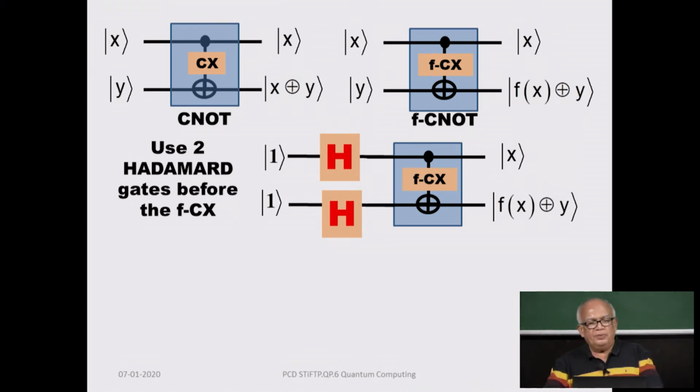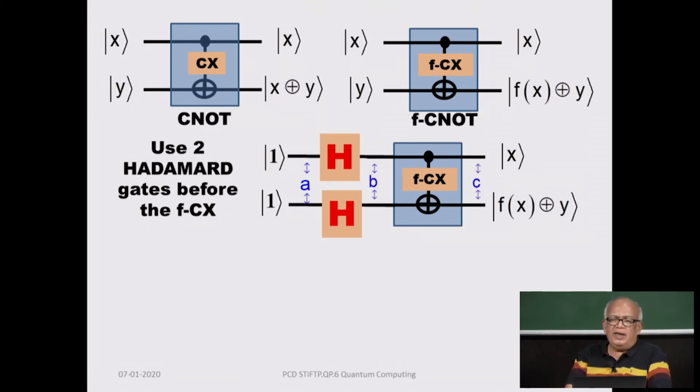Now, what you do is begin by inserting pure 1 states, but pass them through the Hadamard gates before they enter the function control NOT gate.